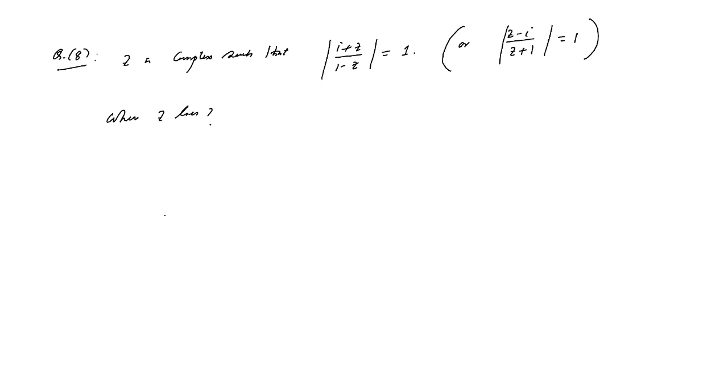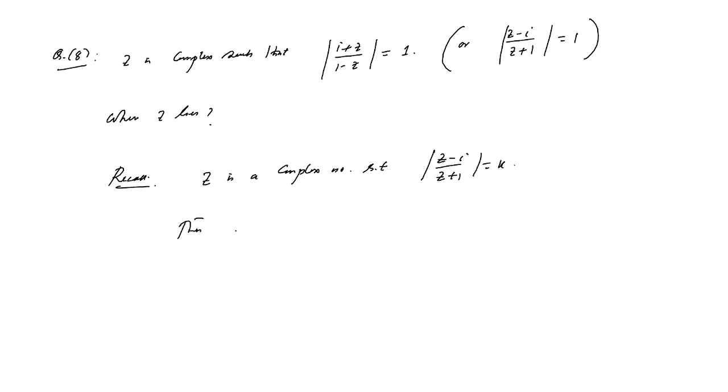In that question, if you solve it, just recall one fact. The basic fact is: z is a complex number such that mod of (z minus i) by (z plus 1) equals k.